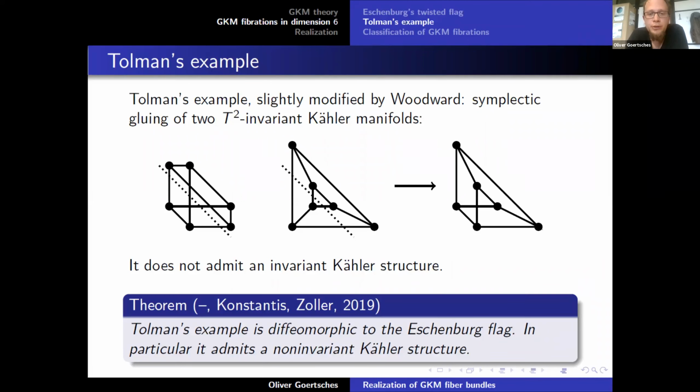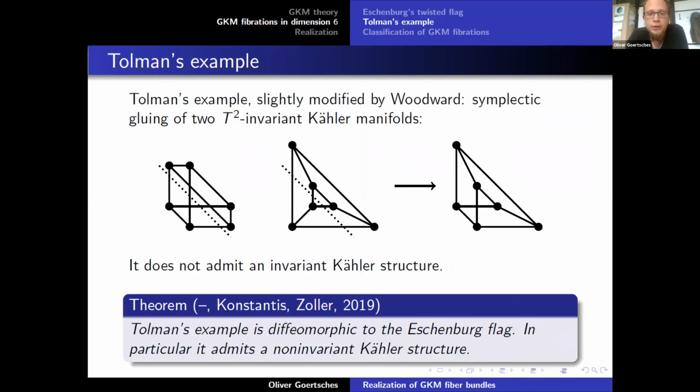So staying in dimension 6, we asked ourselves, what kind of GKM fibrations are there, and are they always realized by projectivizations of vector bundles, and do they always have the same kind of geometric structure? This is the type of questions we addressed in our third paper from this year.